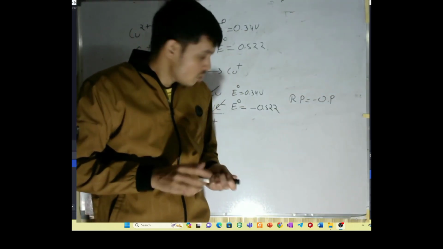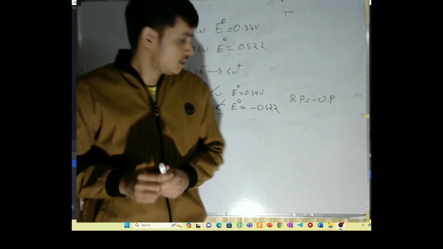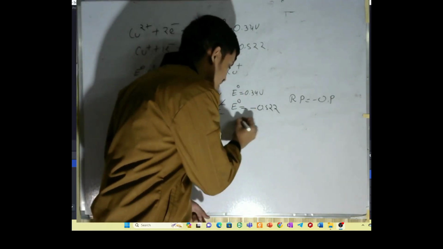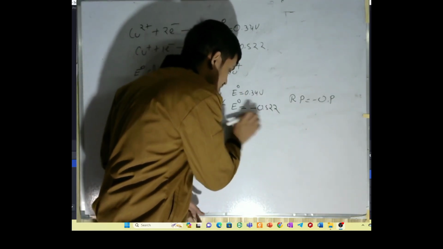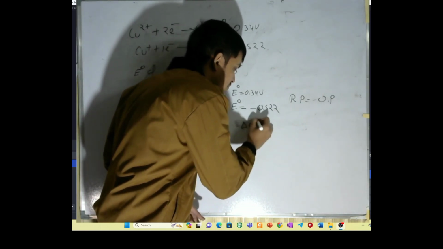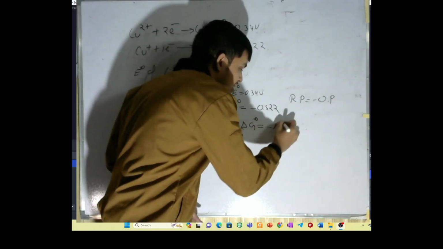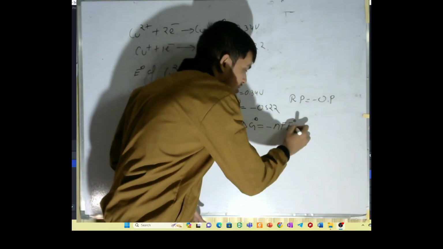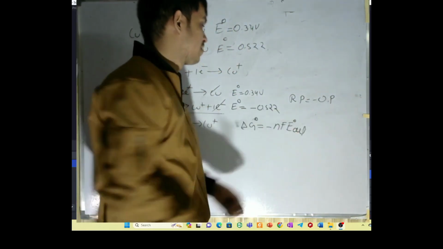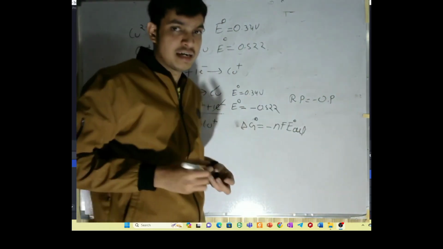For that there is one solution. We know it has a relation with the standard free energy change, that is standard free energy change is equal to minus nF E naught cell. That is the relation between standard electrode potential and standard free energy change.